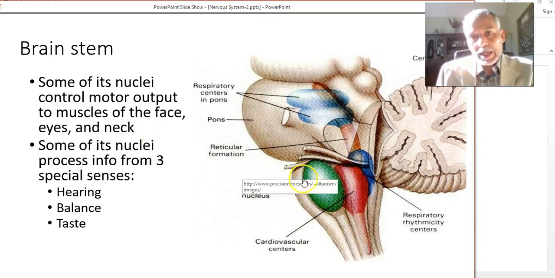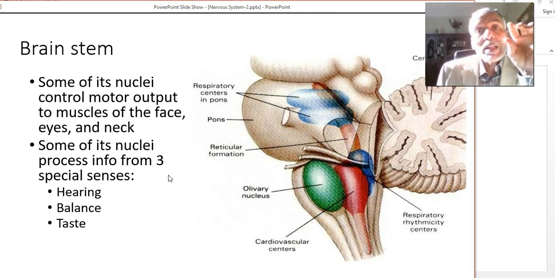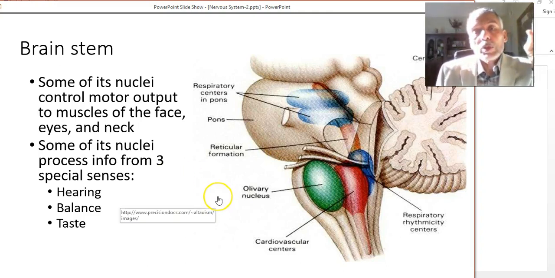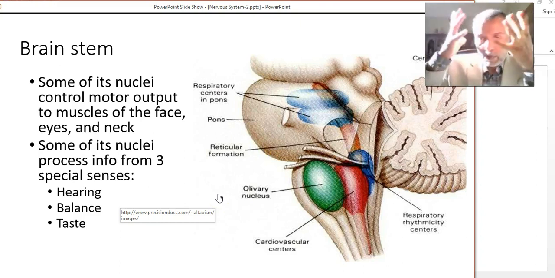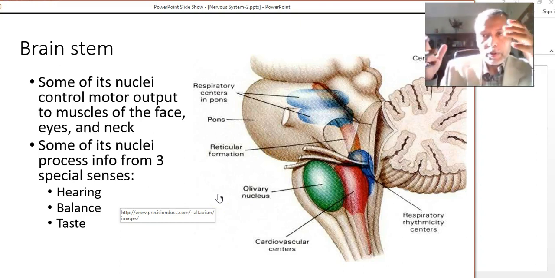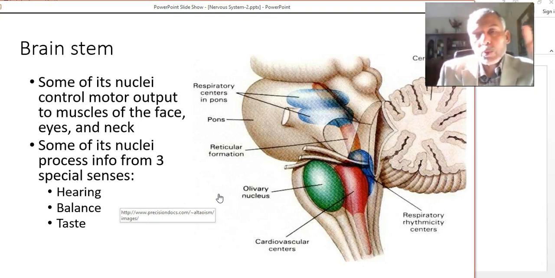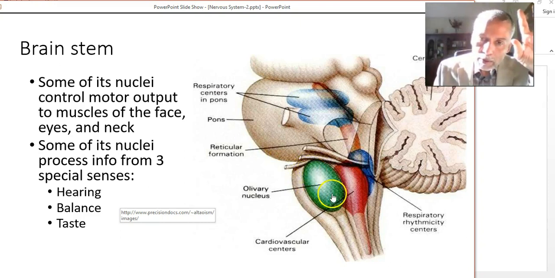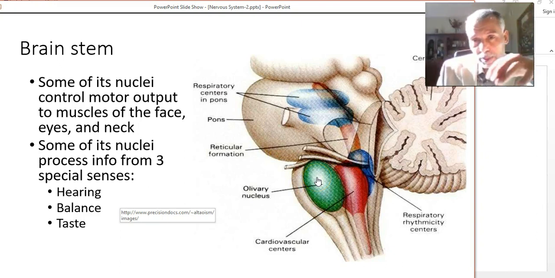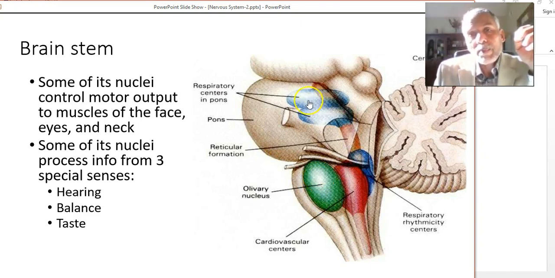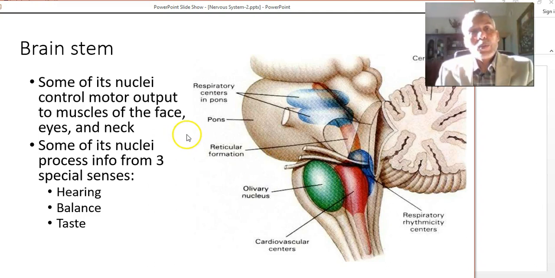Some of the nuclei, nuclei means clusters of neurons. Usually neurons exist on the very top layers of the brain, and they make tracks. But when a cluster of bodies of neurons are bundled together, and they are deep in the brain, we call them nuclei. One is a nucleus. Some of the nuclei of the brainstem control motor output.